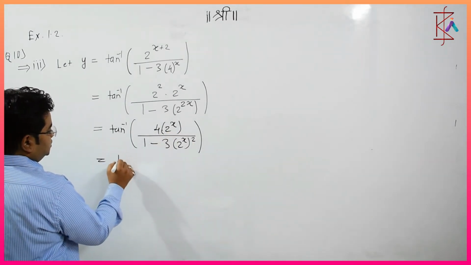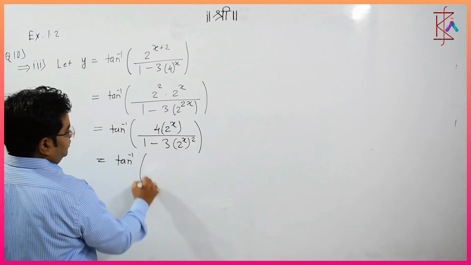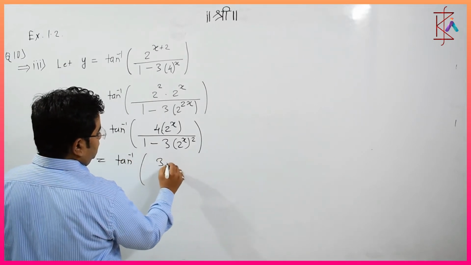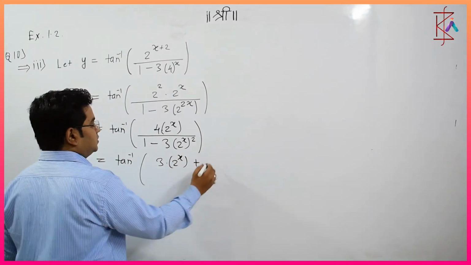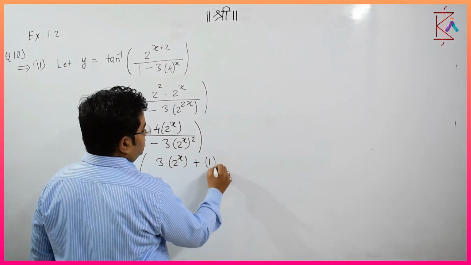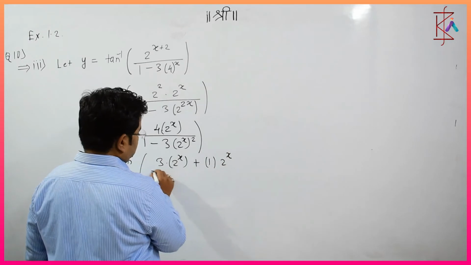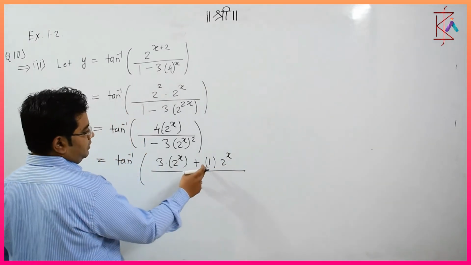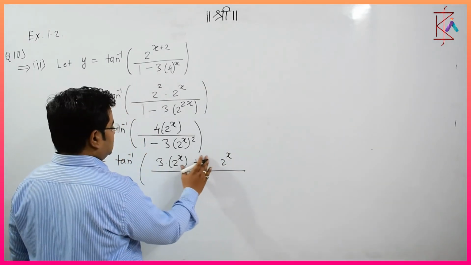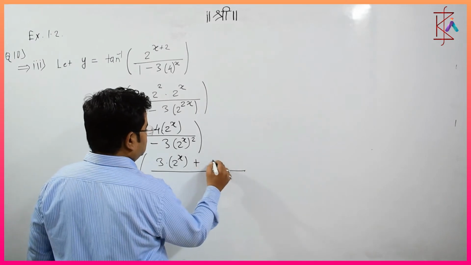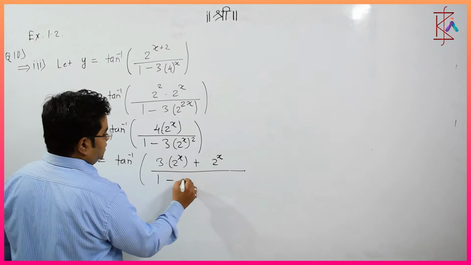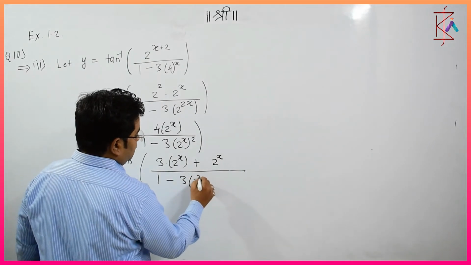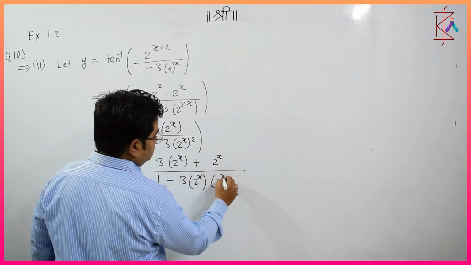So this is tan inverse of 3 into 2 raised to x plus 1 times 2 raised to x, divided by 1 minus 3 into 2 raised to x into 2 raised to x.